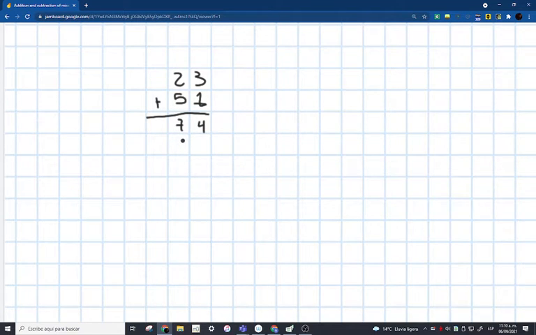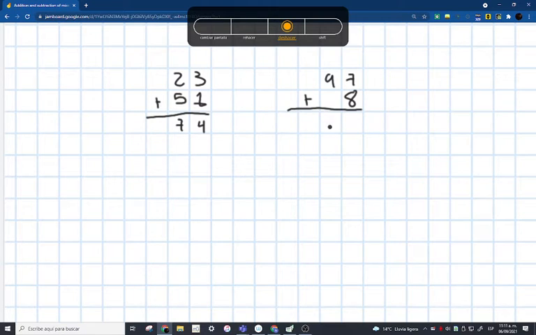Okay, perfect. But sometimes it was not enough because you surpassed a certain limit. Sometimes you had something like, I don't know, 97 plus, let's say, 8. Okay, and 7 plus 8 is 15, but you cannot completely put the 15 there because you have to consider other things.